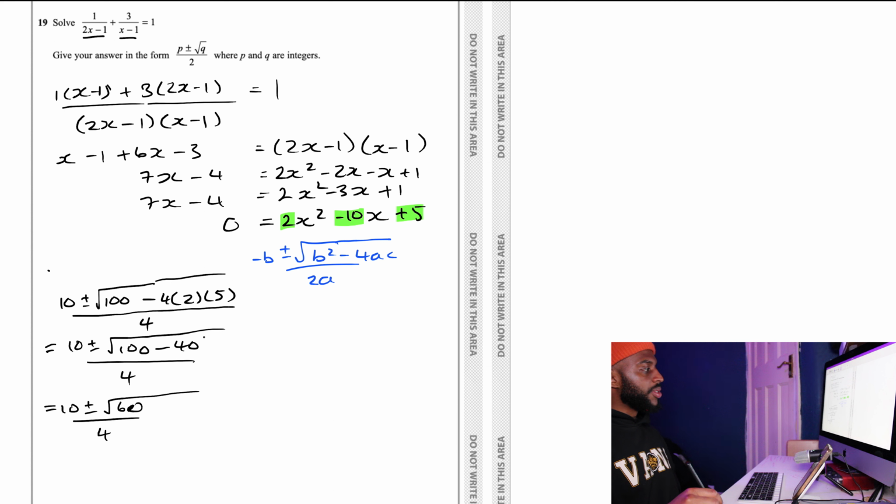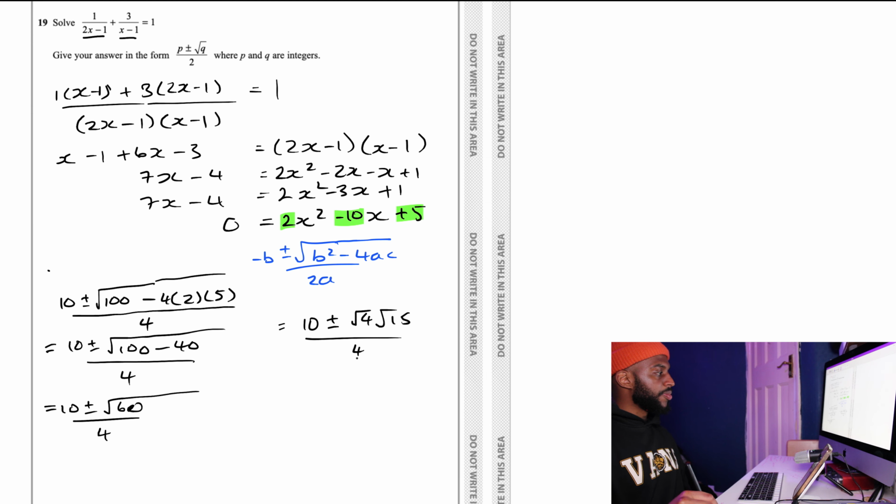Okay, so if you're familiar with surds, we are able to simplify that root 60 a bit more. So I'm going to start writing over here. Plus minus. So that 60 needs to be broken down into a number that can be rooted, which is 4. So it can be broken down into 4 and 15, because 4 times 15 gives us 60.